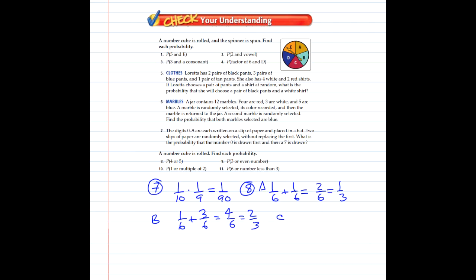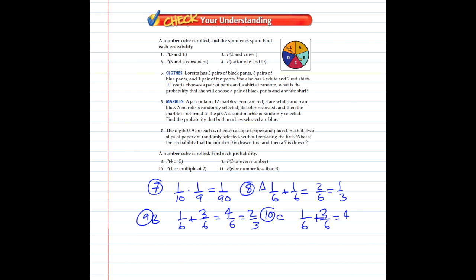Example C. Or actually, this is 8, this is 9, sorry. This is 10. C. 1 or a multiple of 2. There's a 1 possibility in 6 that we'll get a 1. A multiple of 2 would be 2, 4, and 6, so that's 3 out of 6.